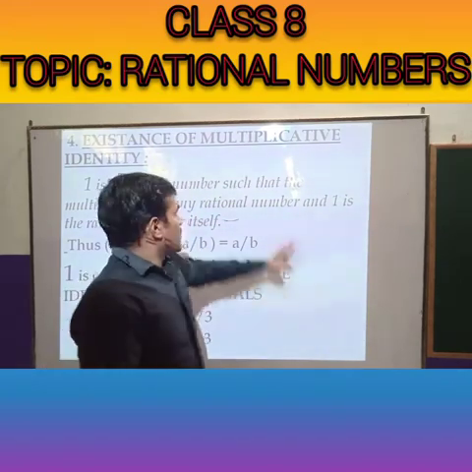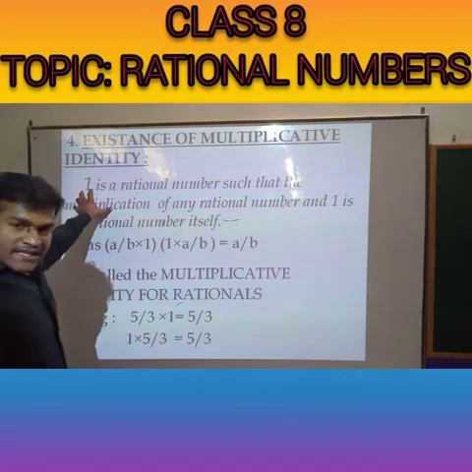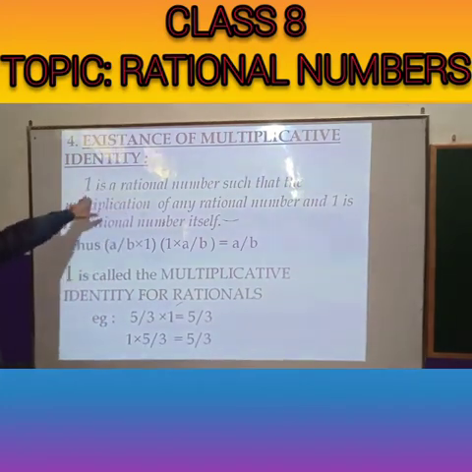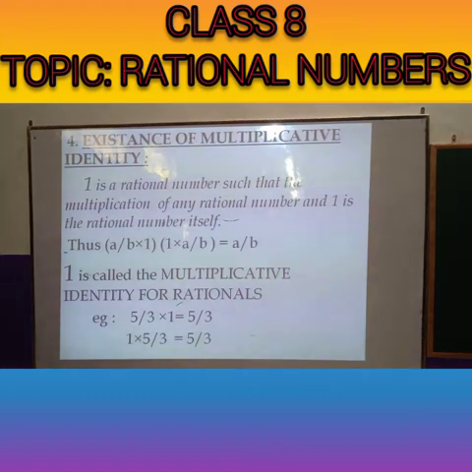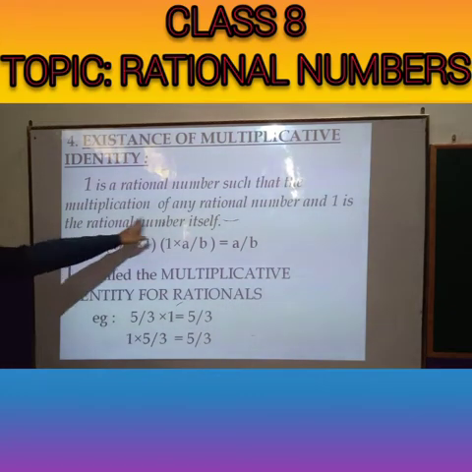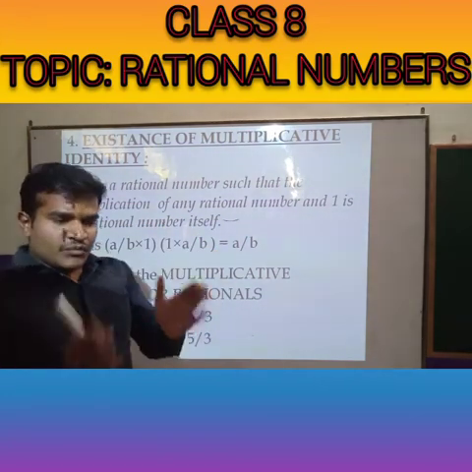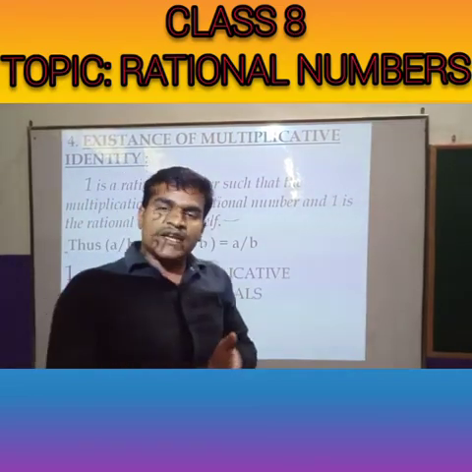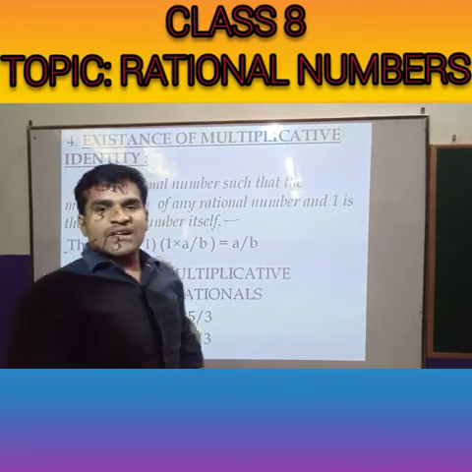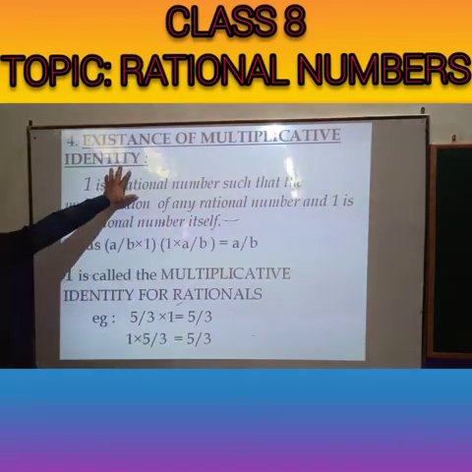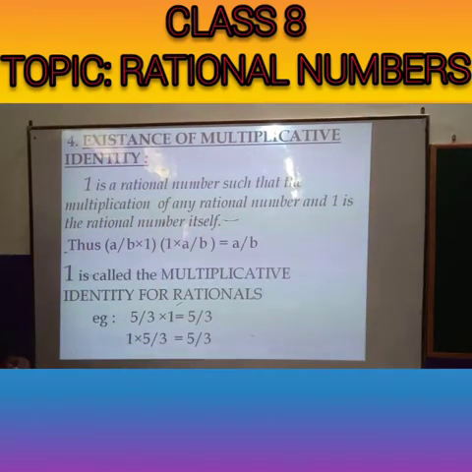Like that, 1 is a rational number such that the multiplication of any rational number and 1 gives the rational number itself. When we multiply 1 with another rational number, we get that rational number itself. That is why 1 is called the multiplicative identity for rational numbers.